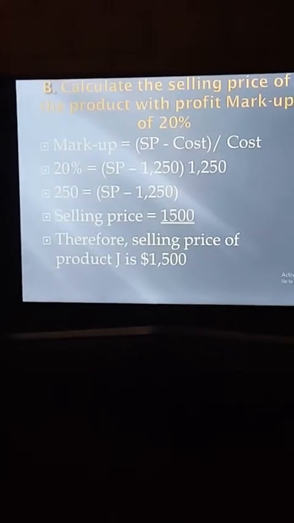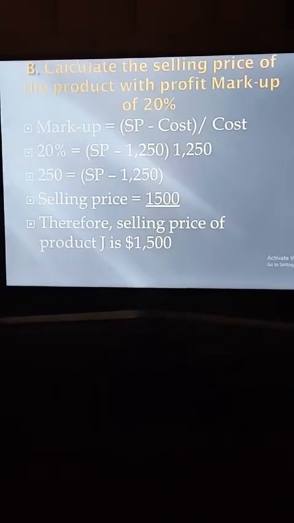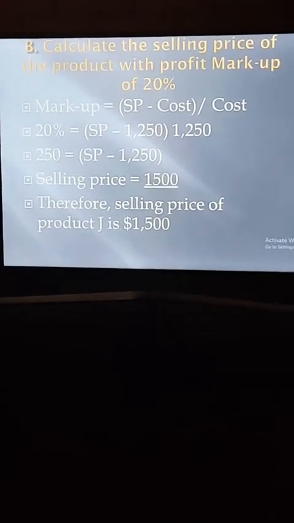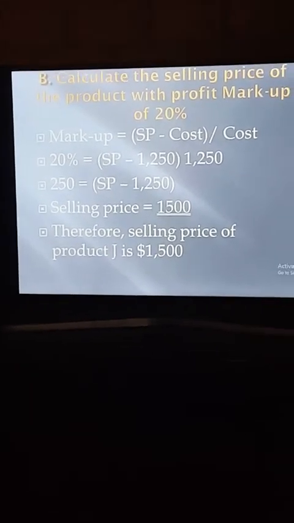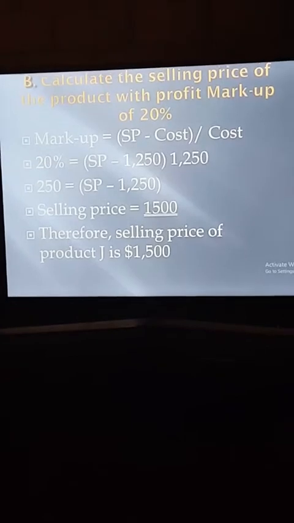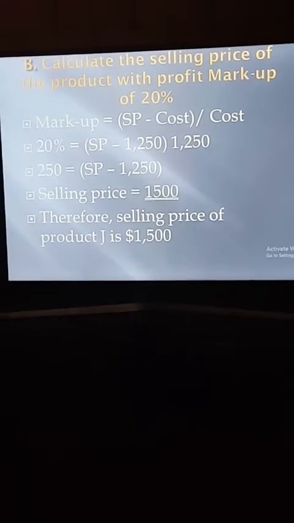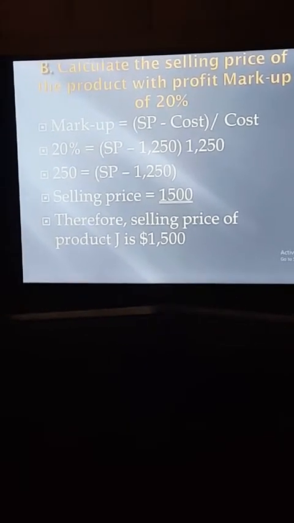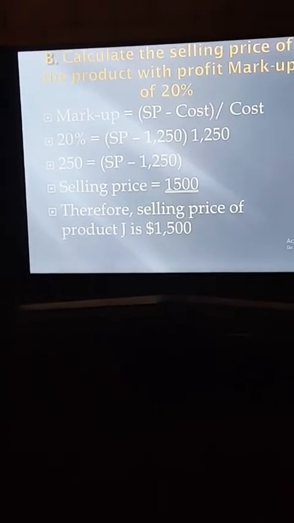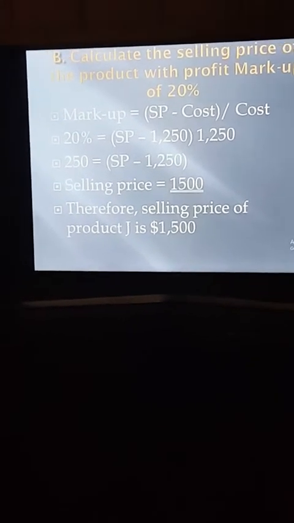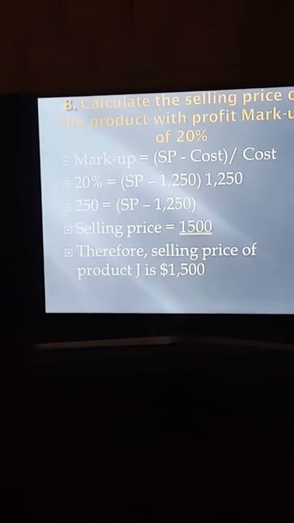when you look at it, you can see that we have taken 1,250 to the left side and multiplied it with 20%, which gives us 250, which equals SP minus 1,250. By taking negative 1,250 to the left side, we get that the selling price is 1,500.